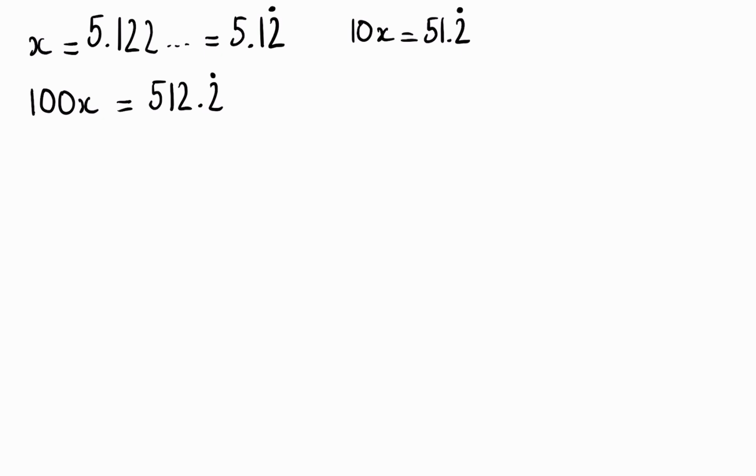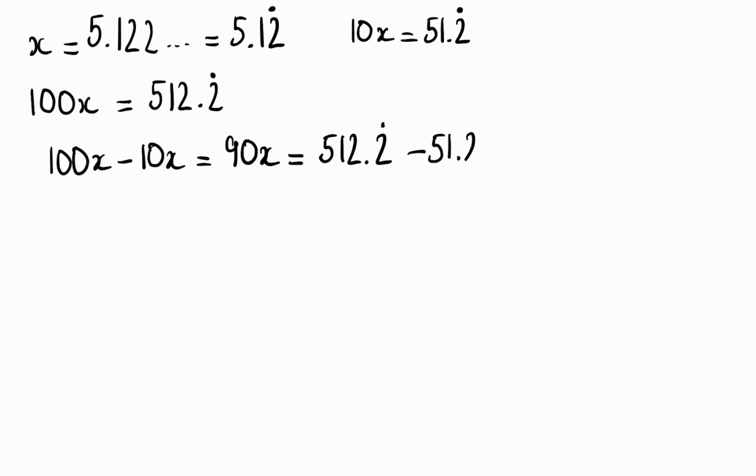If I do 100x minus 10x, which is 90x, that would be 512.2 recurring minus 51.2 recurring, which, if I plug that in my calculator, is 461.